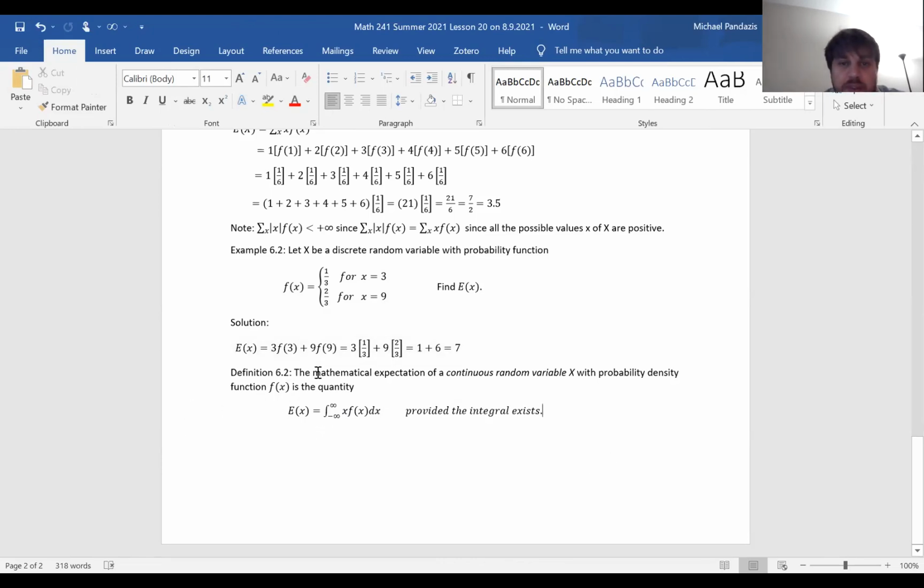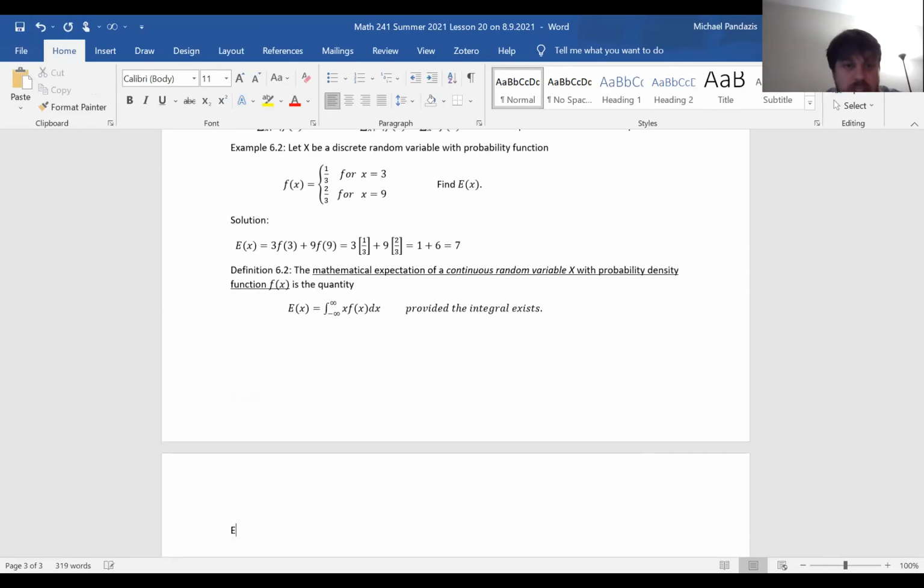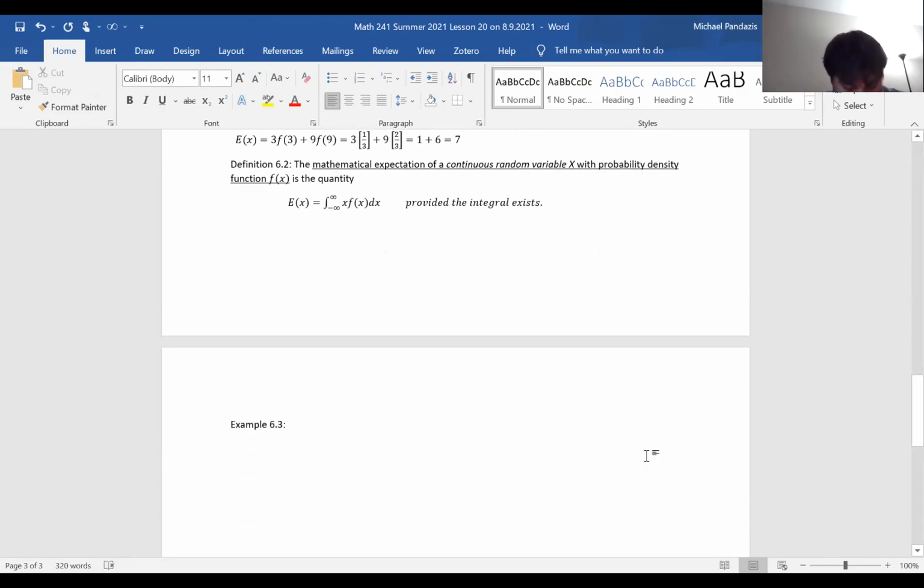And so this is the mathematical notation of a continuous random variable x with probability density function f of x. And so that's how you calculate the mathematical expectation for a continuous random variable. This is example 6.3. Let capital X be a continuous random variable with probability density function f of x.